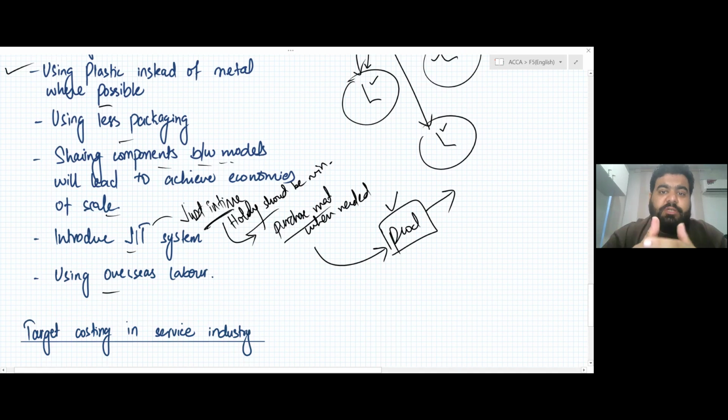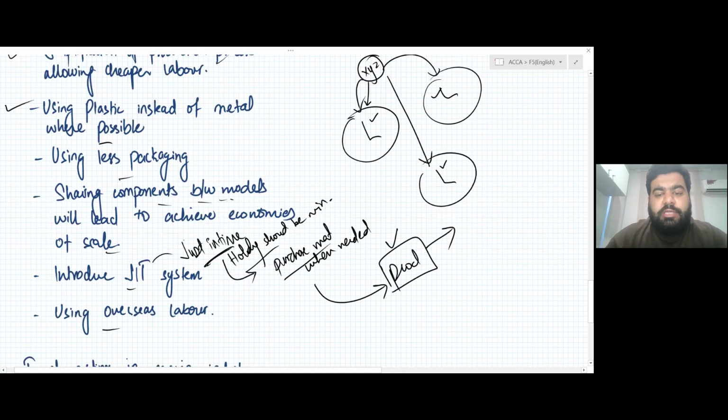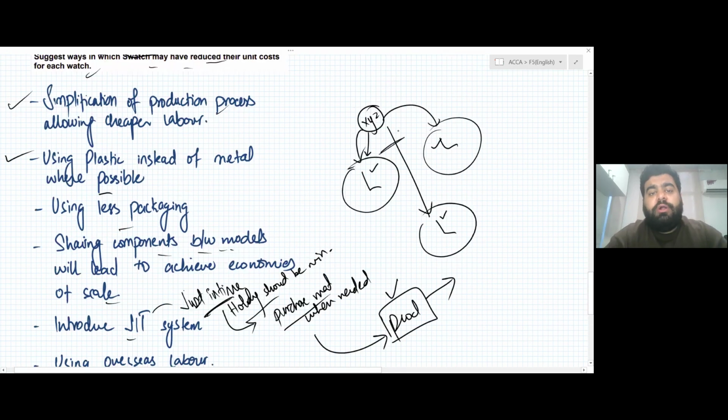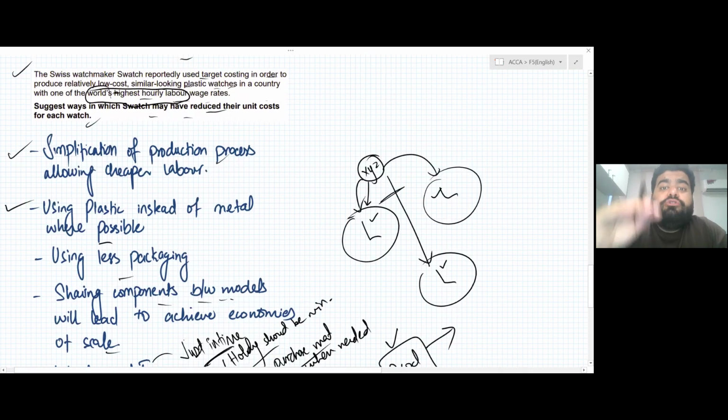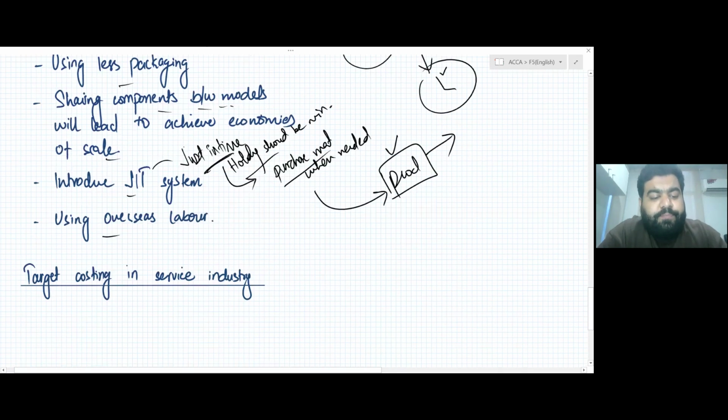So for the person who is working, it's a lot, but for the company, it's a lower cost. So using overseas labor can reduce the labor cost, and at last it will help you reduce your cost gap, and you can easily sell at the market selling price. So you have to reduce the cost. The major concept of target costing from A to Z, what I will say in one line: reduce the cost, but don't compromise quality. Is that clear?